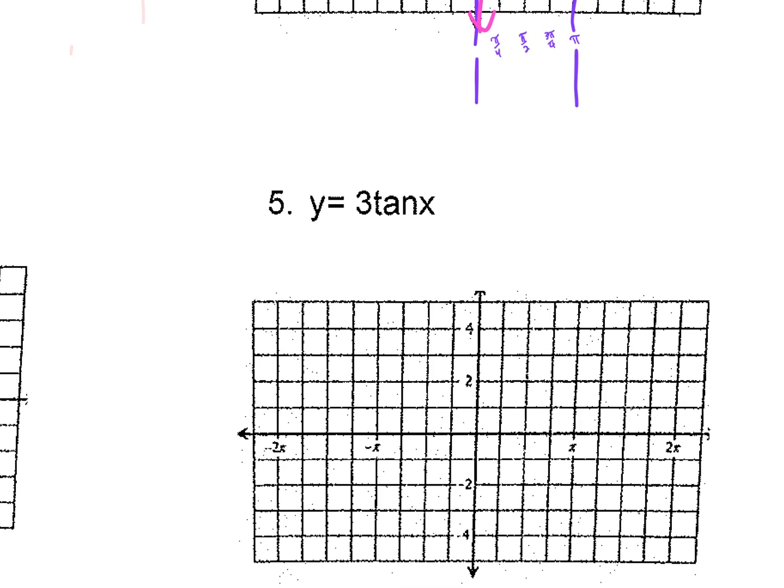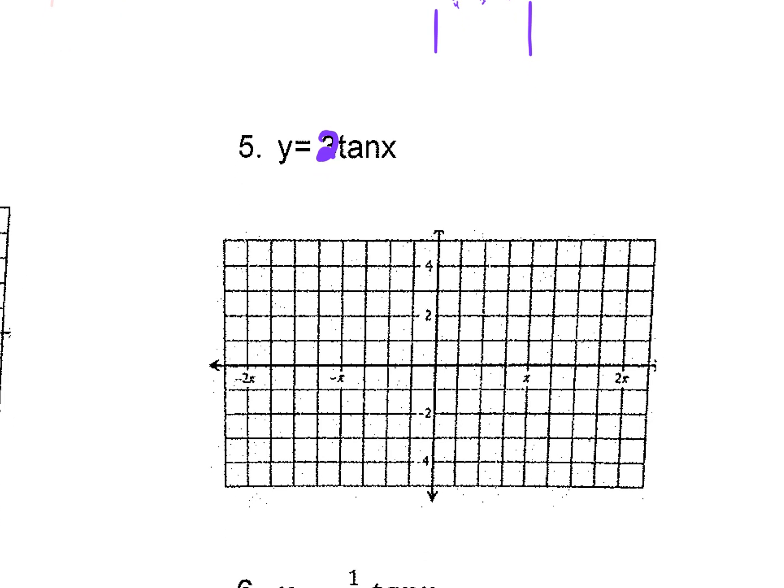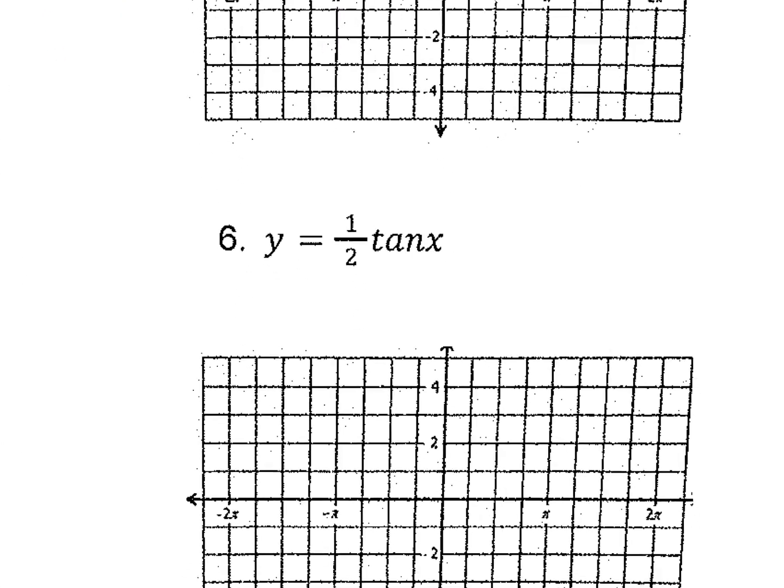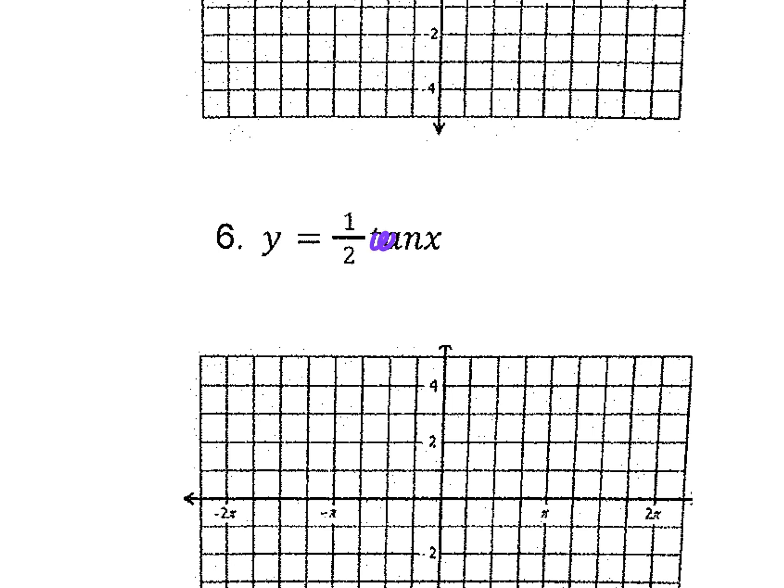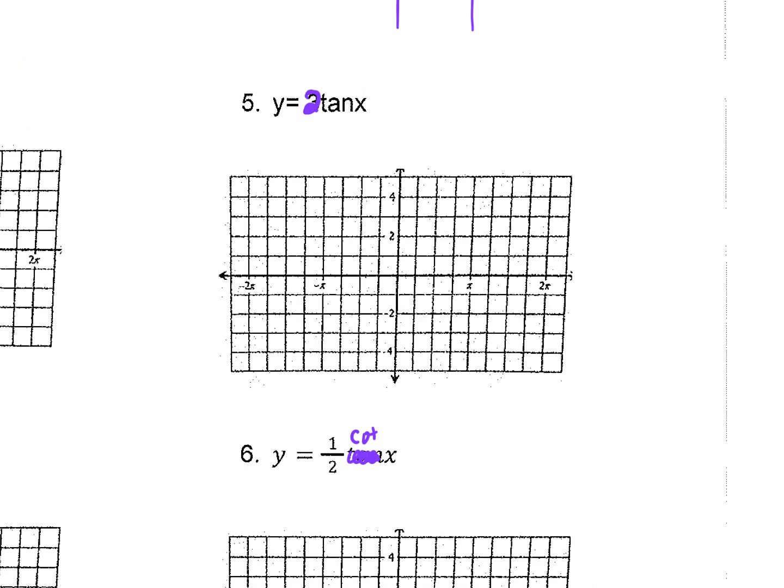Let's change this to a 2 tangent x. And then let's change this one, number 6. We're going to make this a 1/2 cotangent x. Because I do need to talk to you a little bit about what changes with the look of the graph when we adjust the amplitude.